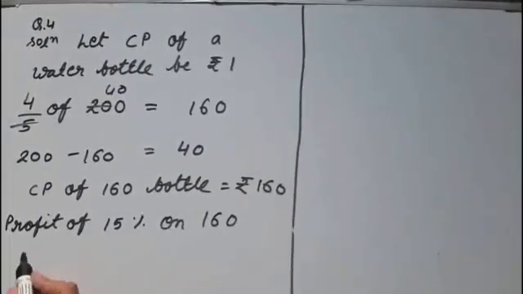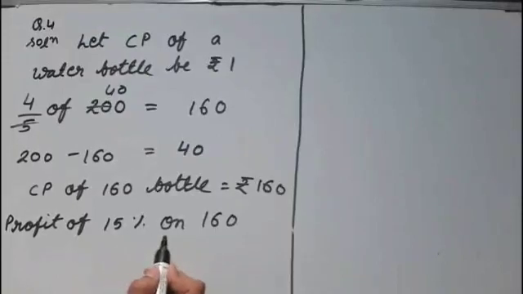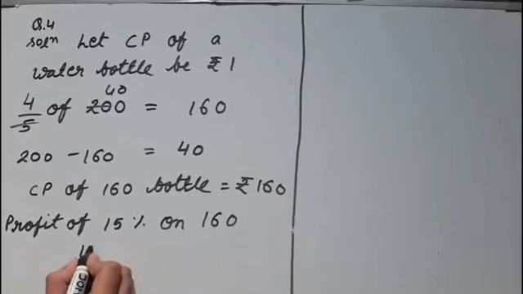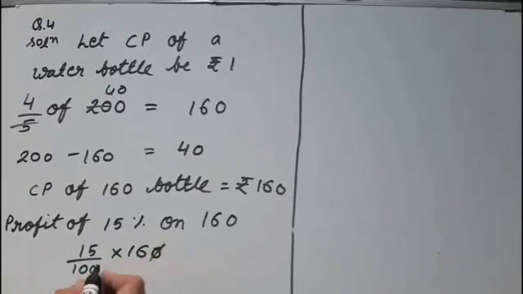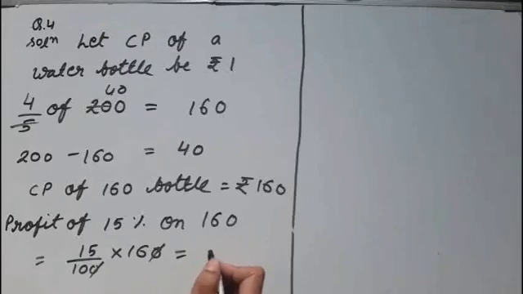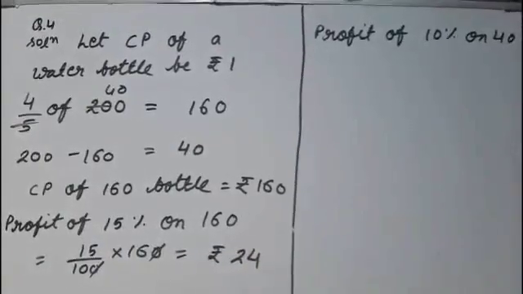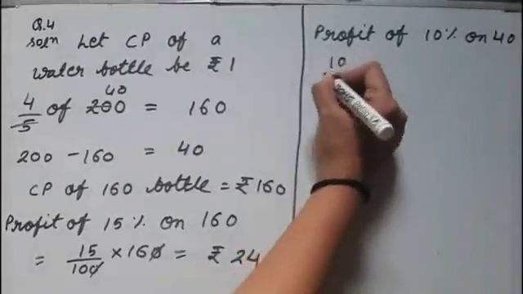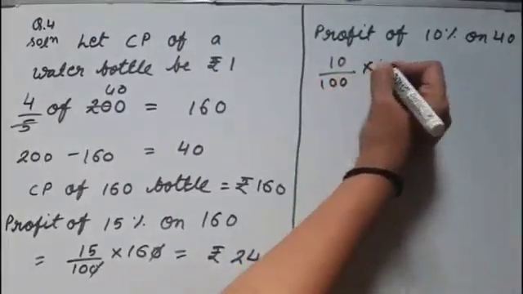According to the question, profit of 15% on 160 means 15% of 160. So, after calculation, we will get rupees 24. Now again, profit of 10% on 40 means 10% of 40.